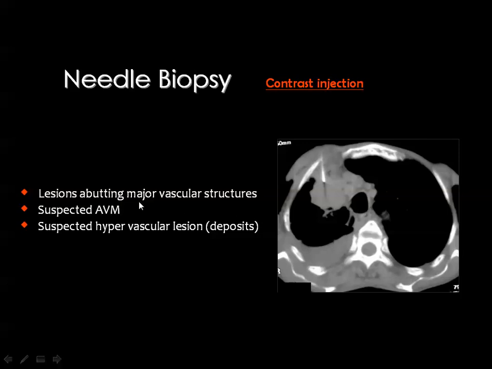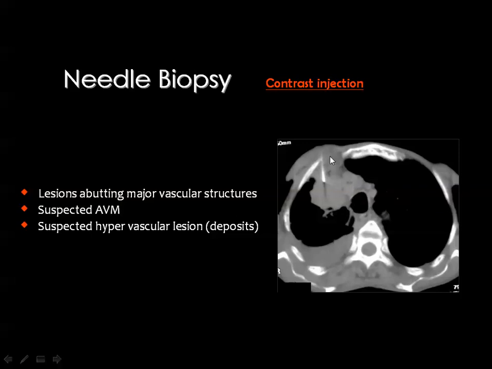Then lesions abutting the major vascular structures, like in this case, you are here in the region of the brachiocephalic trunk and the brachiocephalic artery as well.